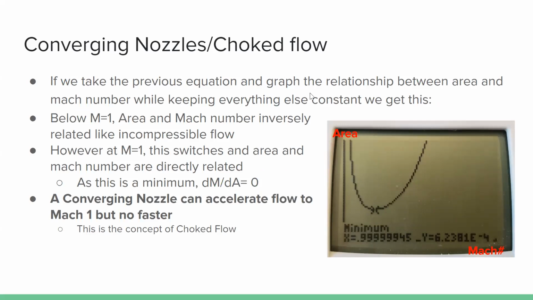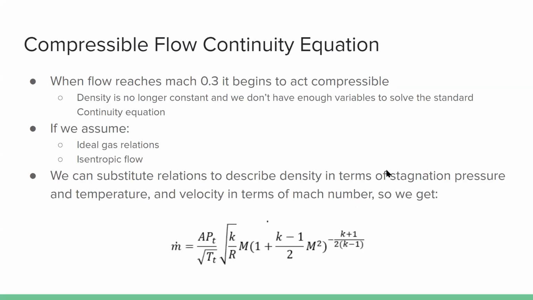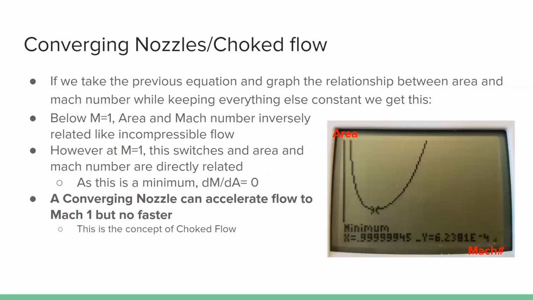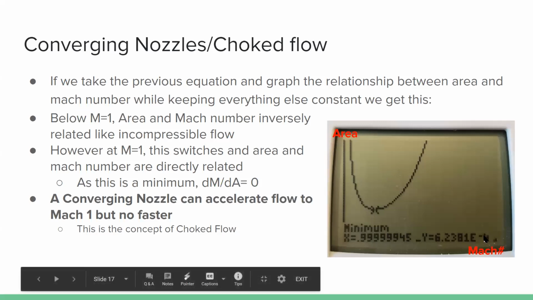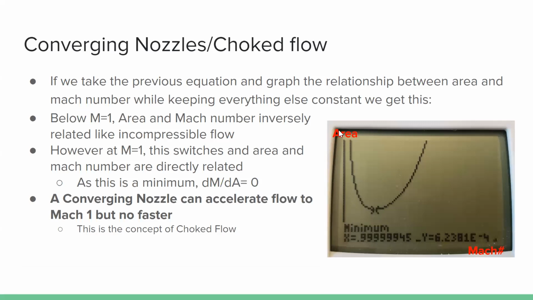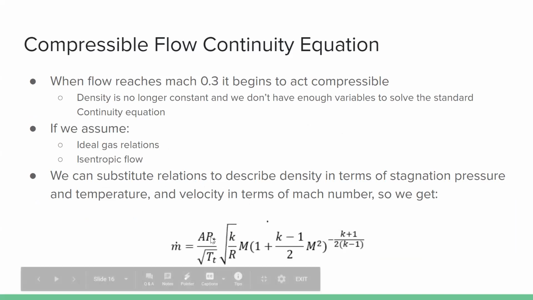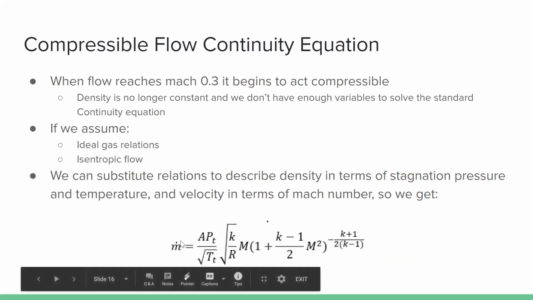Yeah. So this graph here is basically this equation graphed, I believe. What did I do here? So Mach number is on the x-axis, cross-sectional area is on the y-axis. I think what I did is, I just took this equation and moved everything other than area to the other side, and then graphed that as a function of Mach number.